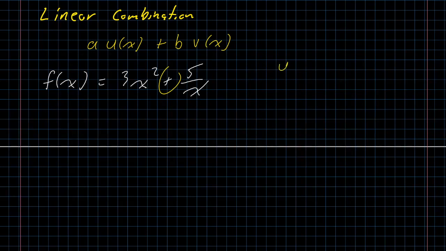My functions are u as x squared and v as 1 over x, and my parameters, my constants, are a equals 3 and b equals 5. Being able to split this up like that, taking a complicated expression, this one's not that complicated, and making it simpler is the entire goal.